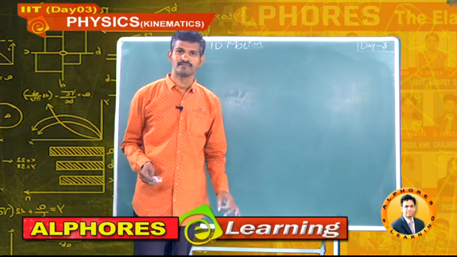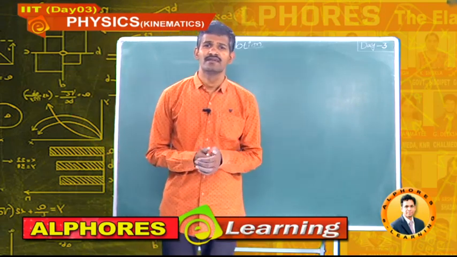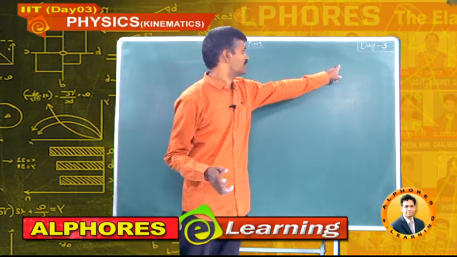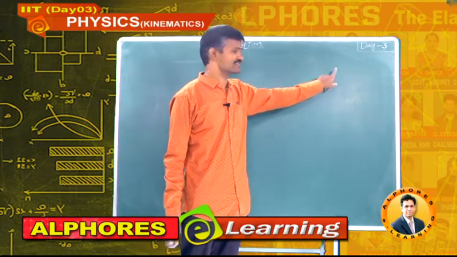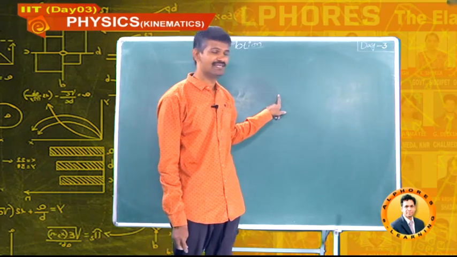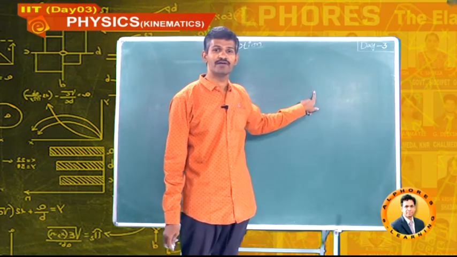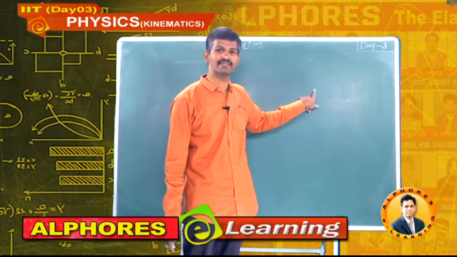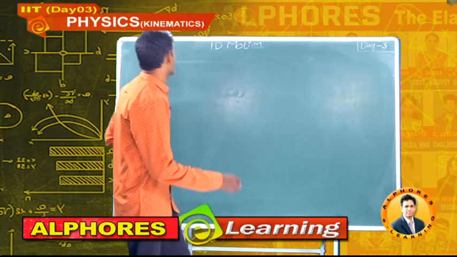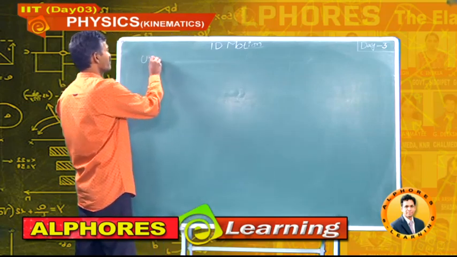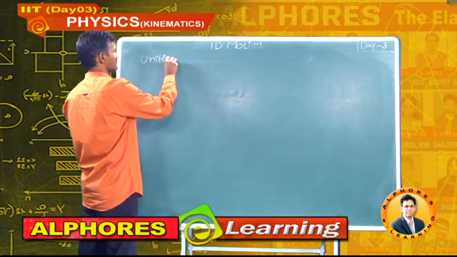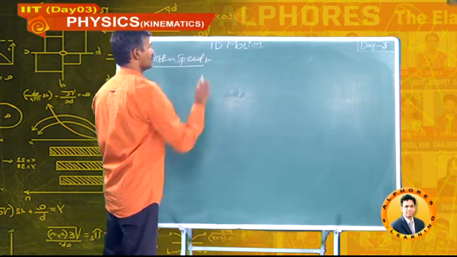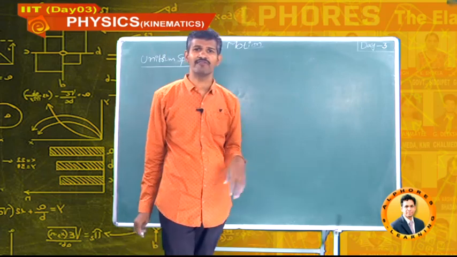Okay. Next, students, we are discussing speed. The first category of speed is average speed. The second category of speed is uniform speed. What is the basic definition of uniform speed?